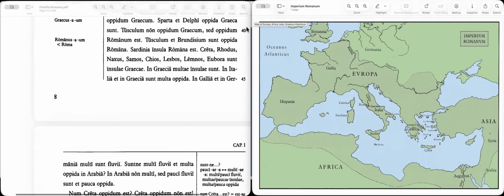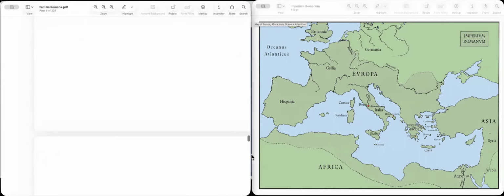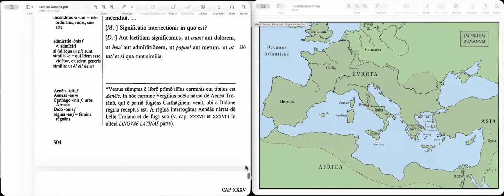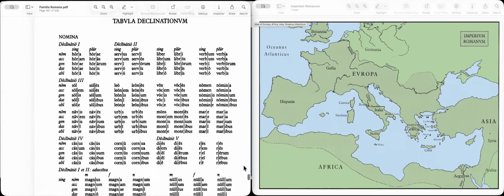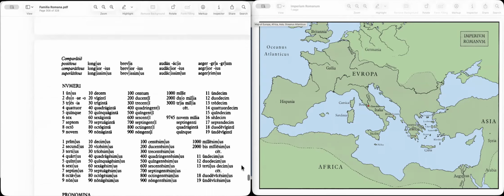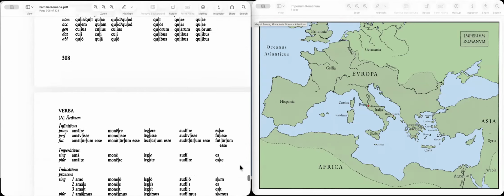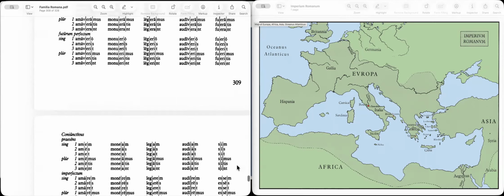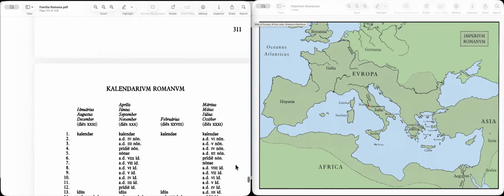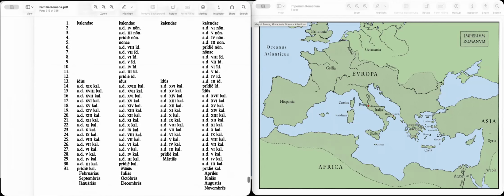If you absolutely positively are dying to have tables, they have the grammar tables in the back. There's all the wonderful declensions and numbers, pronouns, verbs, conjugations, and a whole bunch of other stuff that you learn along the way.